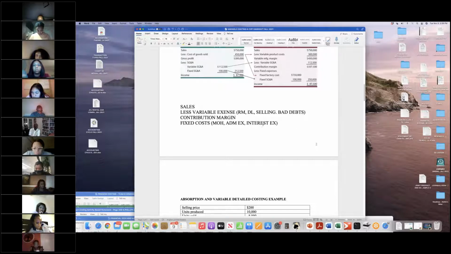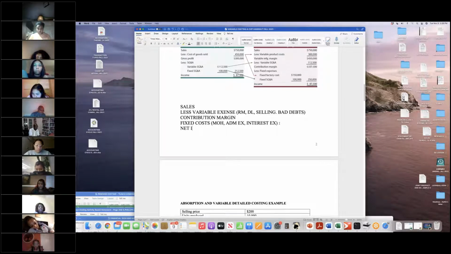You're just going to be told the various amounts: this is manufacturing overhead, this is that last problem, what selling expenses was, administrative and interest. And so then we get our net income. So the new income statement, variable costing or direct costing: sales, less variable expenses, contribution margin, less fixed costs, net income. That is the income statement we use for planning purposes.